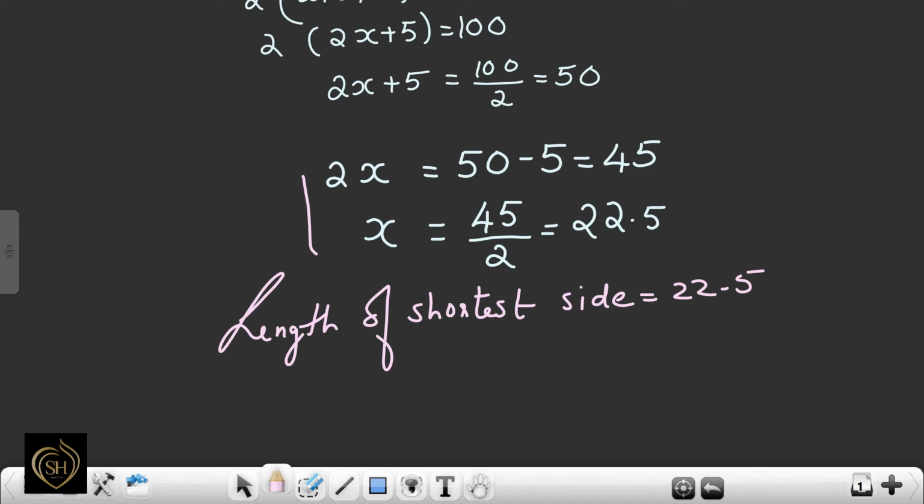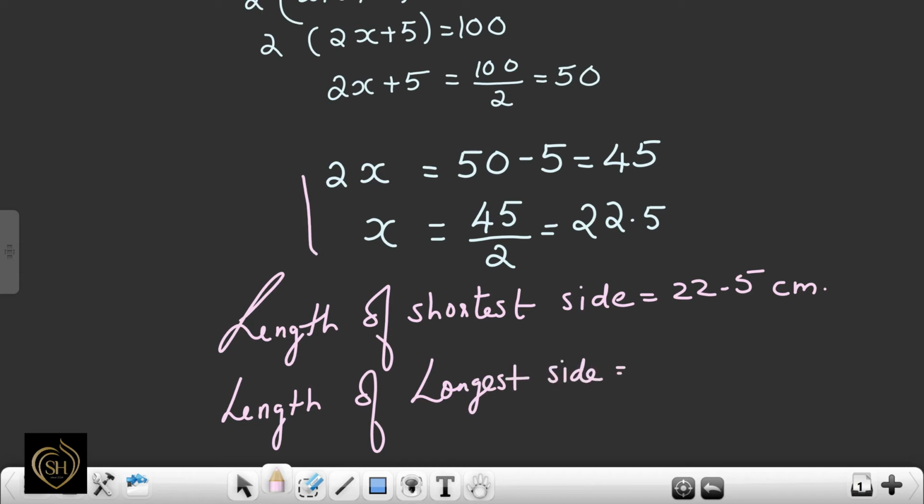The unit is what? Centimeter. 22.5 centimeters. Length of the longest side is equal to x plus 5. That is 22.5 plus 5, that is 27.5 centimeters.